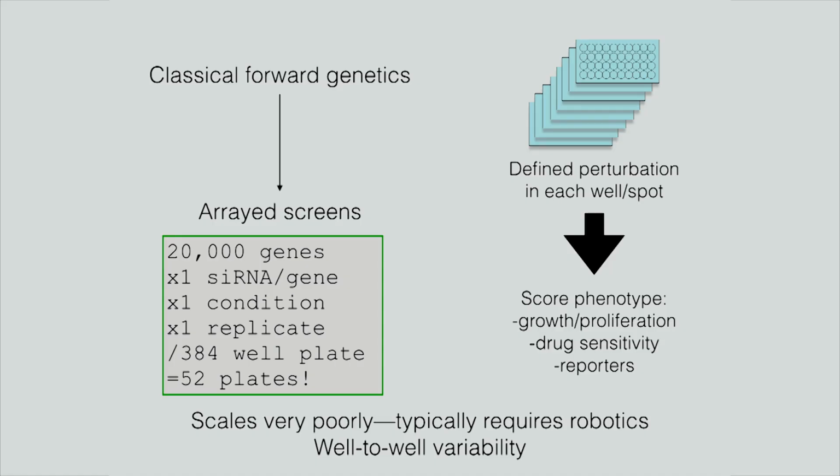And so, just with a little math, with 20,000 genes, even if you only wanted one siRNA, which is pretty variable, normally people do at least 4, and just one condition, which doesn't tell you much, and one replicate, you'd need 52 plates just to do that screen. And that would be a pretty meaningless screen.